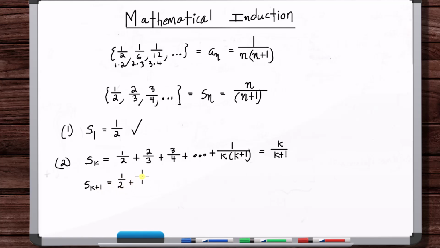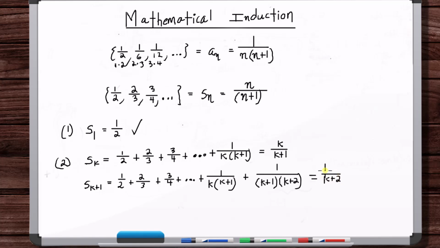That's 1/2 plus 2/3 plus 3/4 plus, up to the term with k plus 1 in the numerator, and then k plus 1 plus 1, so k plus 2, in the denominator, all over k plus 1.